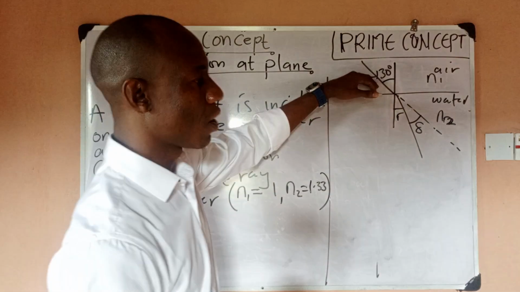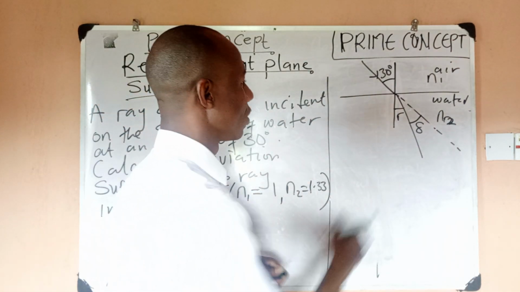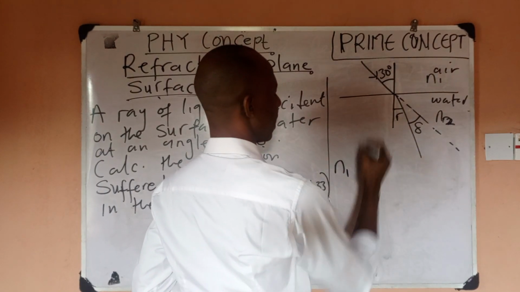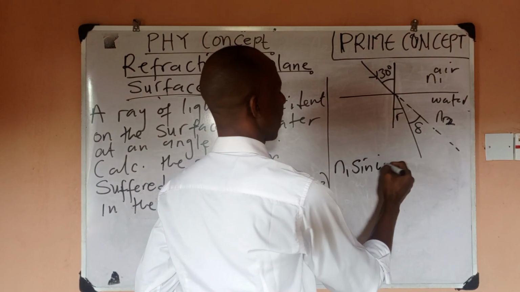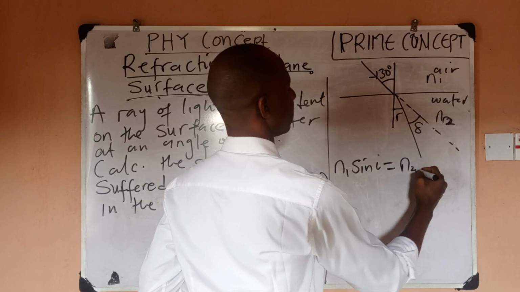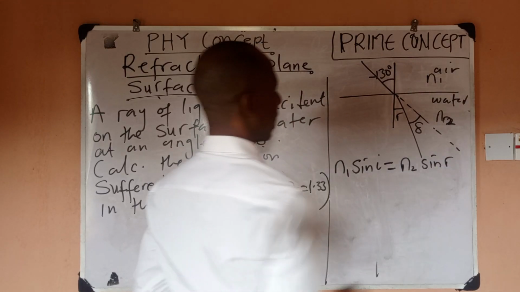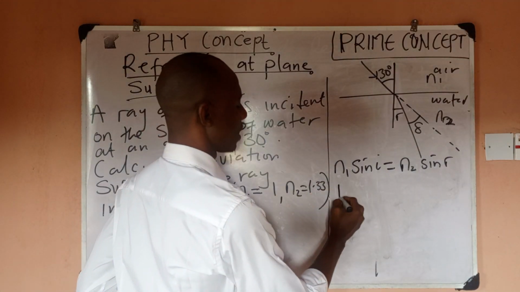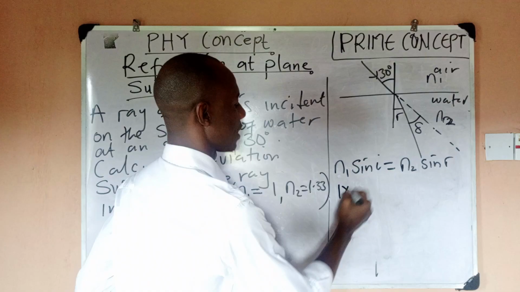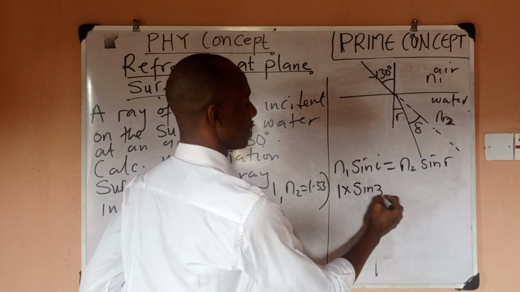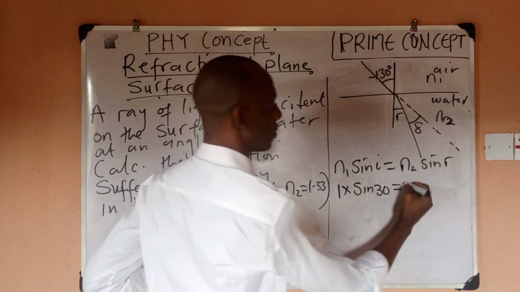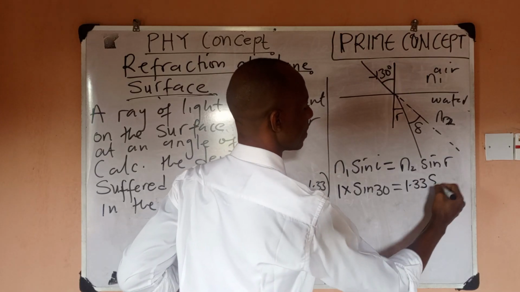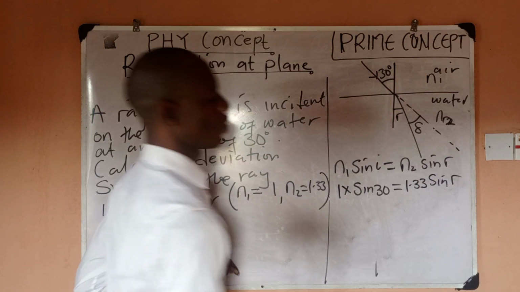So if we use the concept of Snell's law that I gave, you will notice that N1 sine I equals what? N2 sine R, right? So I have that N1 is 1, that's the refractive index of air, times sine 30, the incident angle, equals refractive index of water, which is 1.33, sine what now? R, which is what we're looking for.